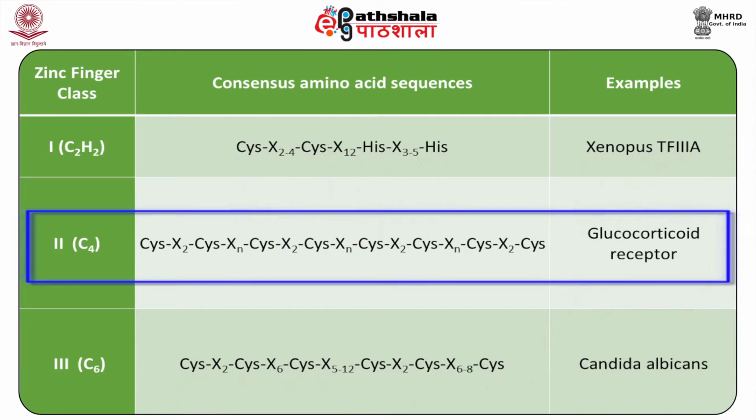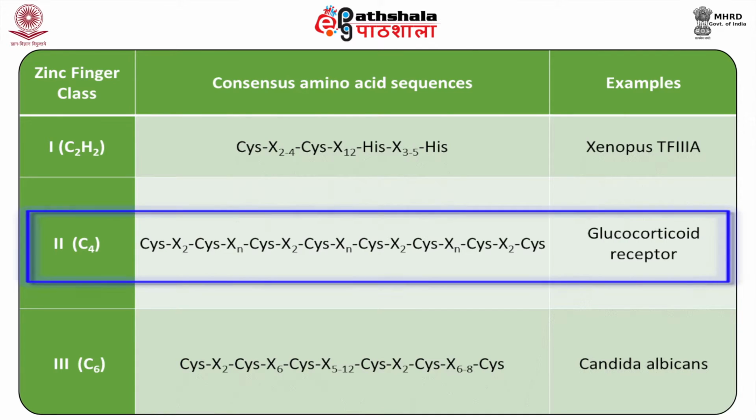The consensus amino acid sequence for this class is cysteine, X2, cysteine, XN, cysteine, X2, cysteine, XN, cysteine, X2, cysteine, XN, cysteine, X2, cysteine, where X is a variable amino acid.